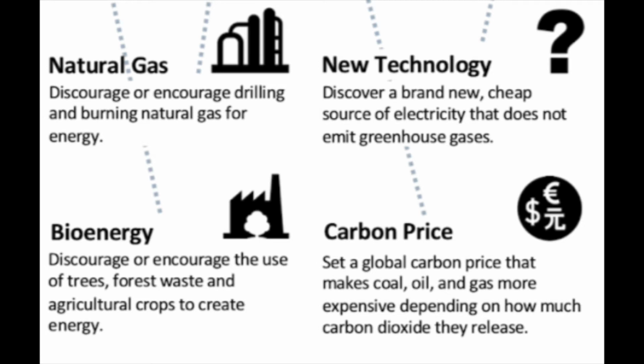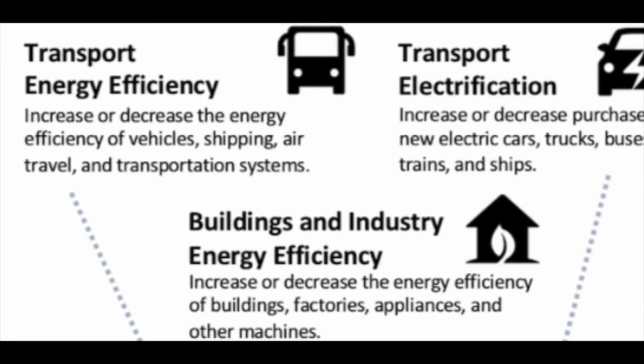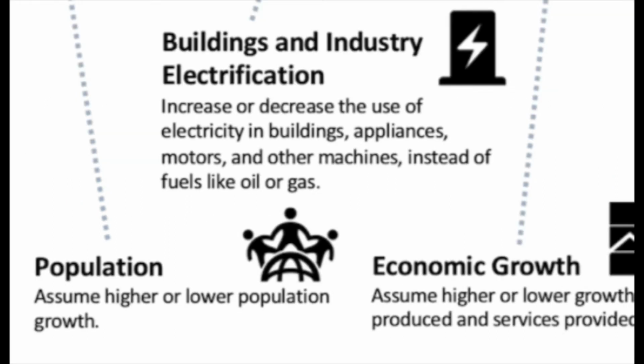So we've got the energy supply panel area, and then in the middle, we've got transport, buildings and industry, and growth. These are all different models with assumptions about our transportation sector, our buildings and industry sector, and about overall growth projections, whether you're talking about human population or our economy.